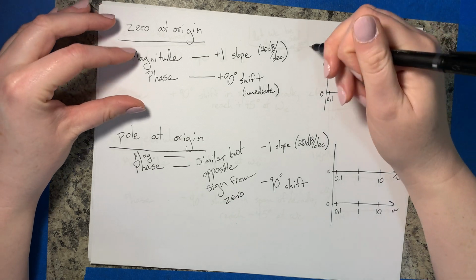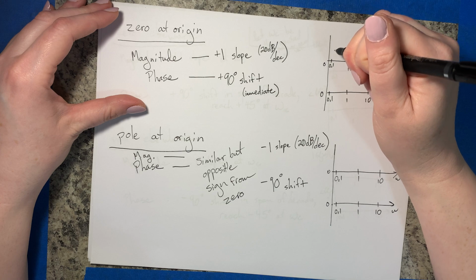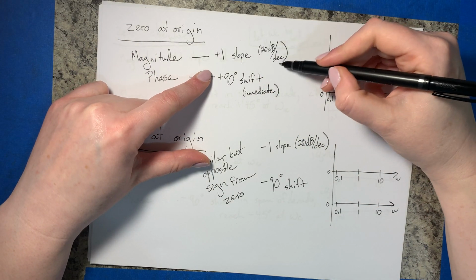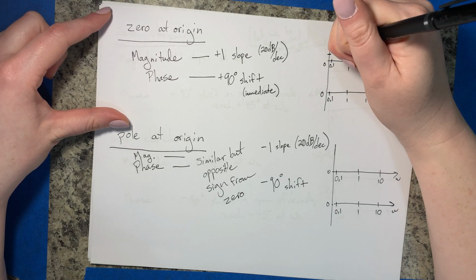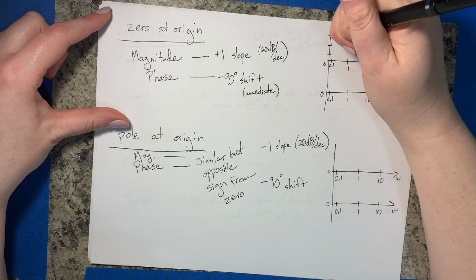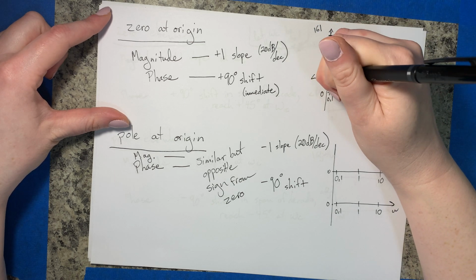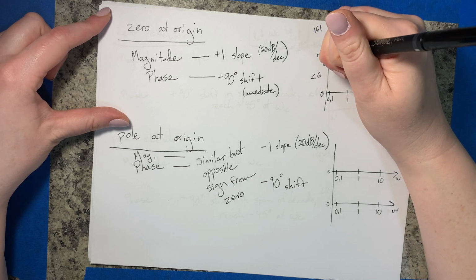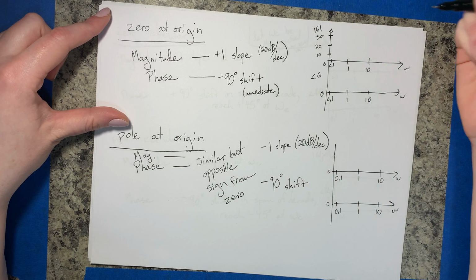We would have whatever constant we started out with, and it would have a +1 slope, or a 20 dB per decade increase. So I can go ahead and make notches on the magnitude plot, and let's say that we have 10 dB, 20 dB, 30 dB, and so forth.